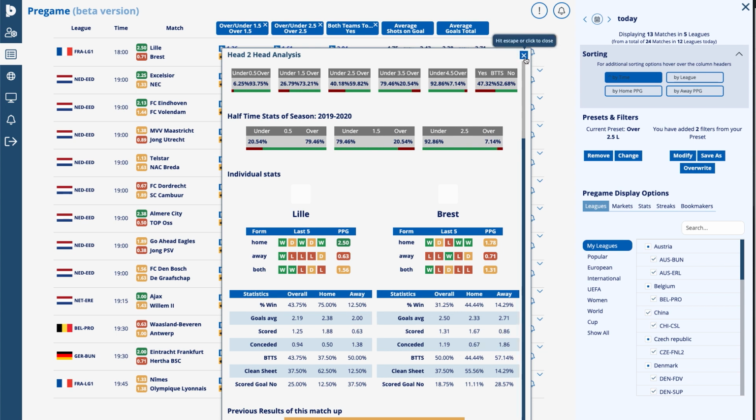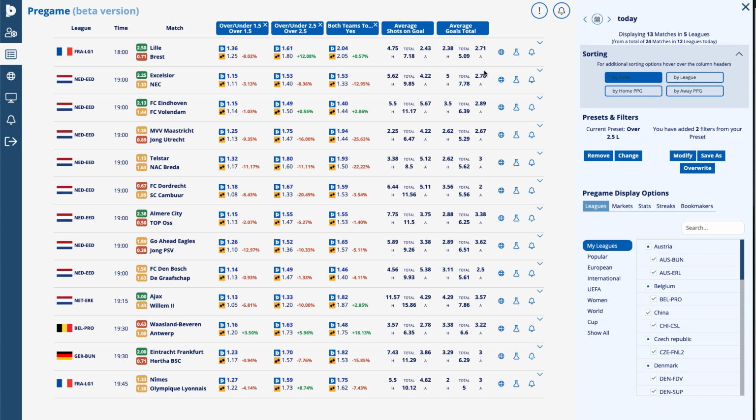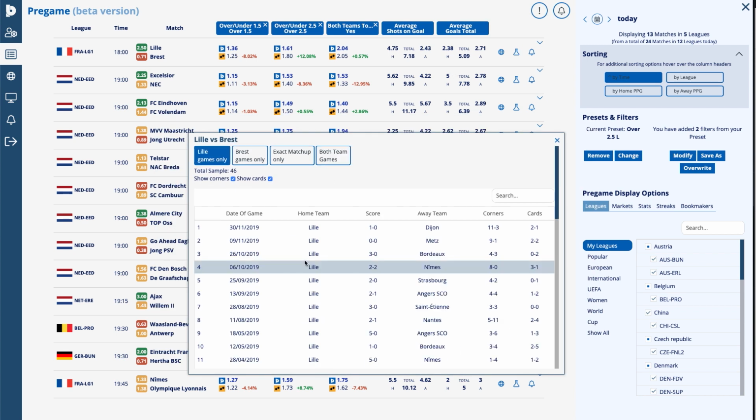Now an important thing that we'll be looking at in every game is within the real odds general sample. Here we're going to check that at least 60% of the last 10 games have been over 2.5. We'll also check their head-to-head to spot possible anomalies, and depending on this factor, some games I will discard and some I will consider maybe for over 1.5 or maybe over 0.5 half-time, depending on the game.